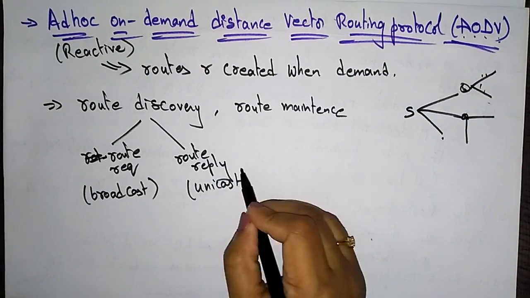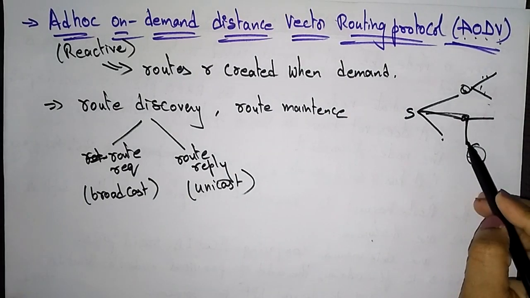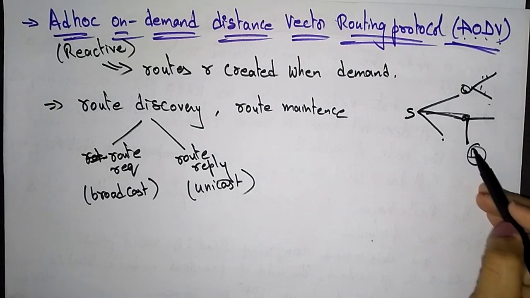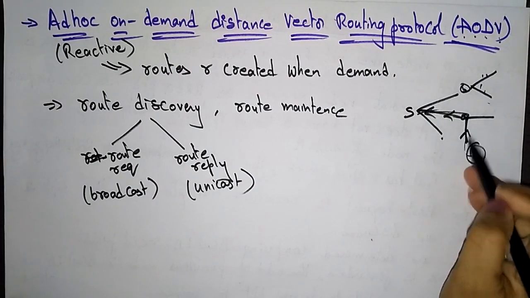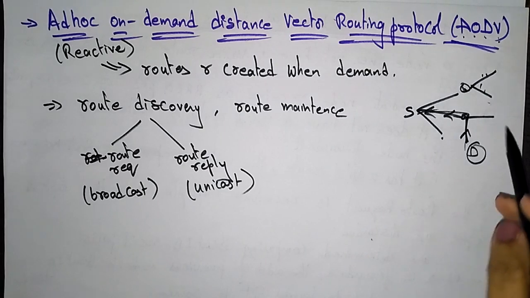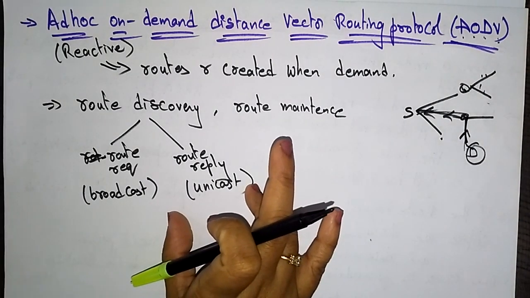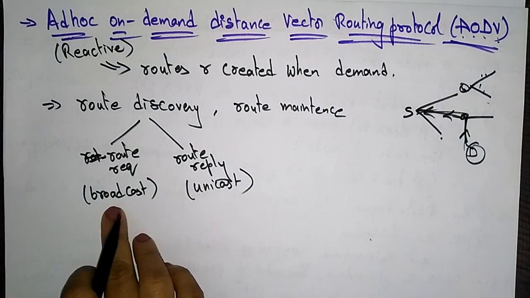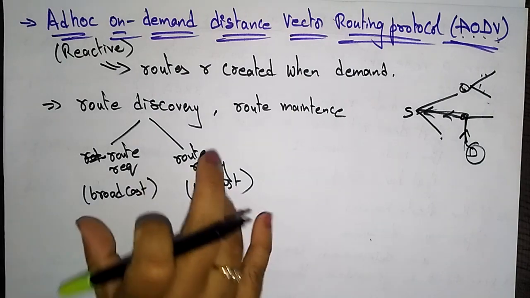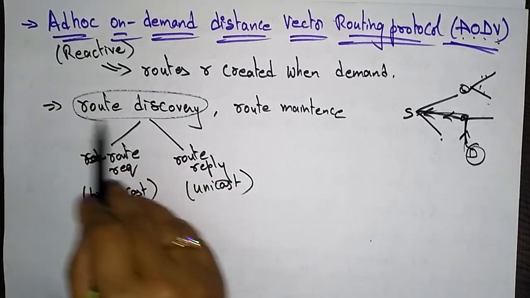Why unicast? Because once the destination is reached through the shortest path, rather than broadcasting, it just replies only to the selected shortest path. So the route reply is a unicast and the route request is a broadcast. These two work in the route discovery.